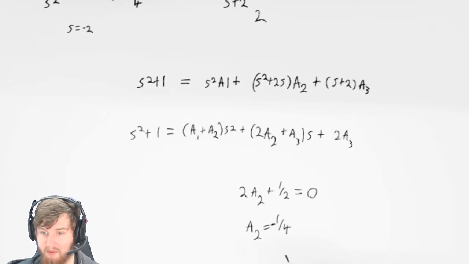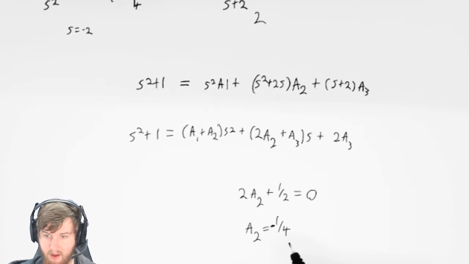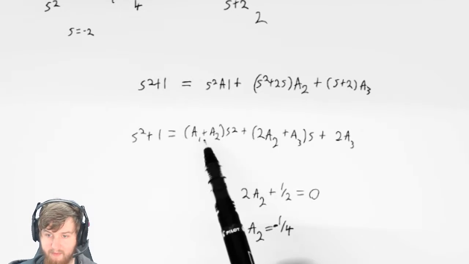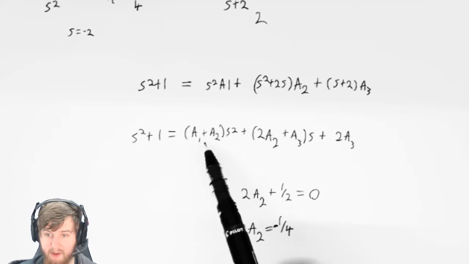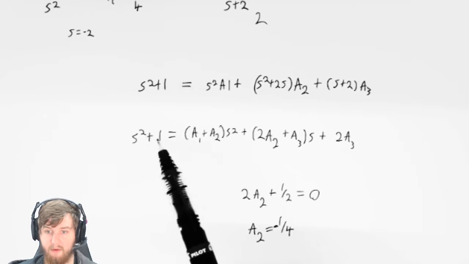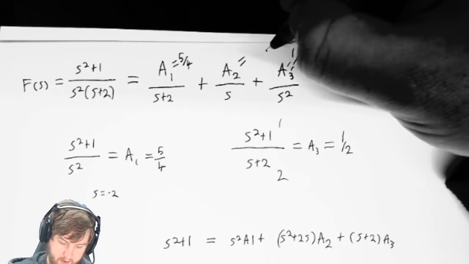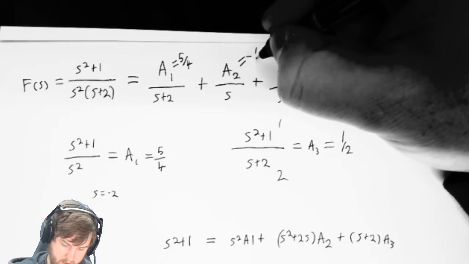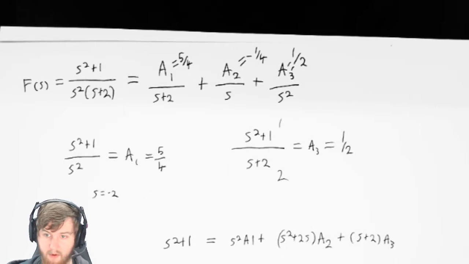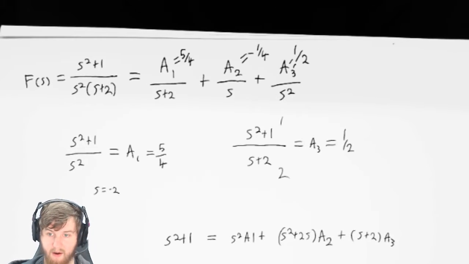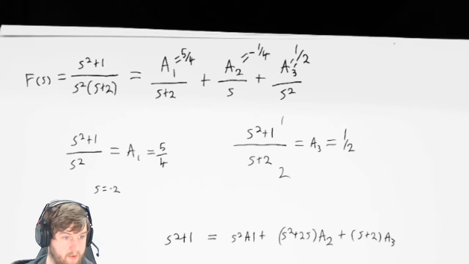So our a2 is negative 1/4. That's the same as 5/4 plus negative 1/4 being equal to 1. So let's go up here and write our negative 1/4. Cool, so we've kind of got our equation written out.